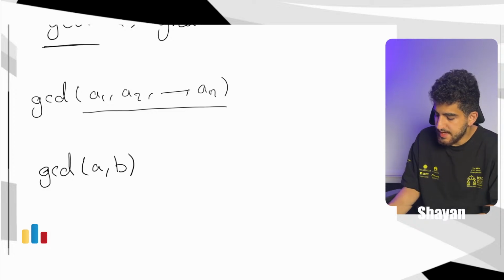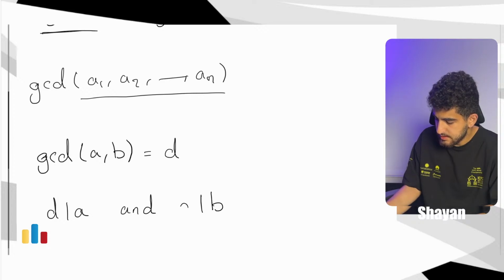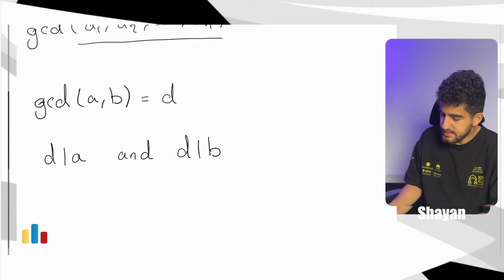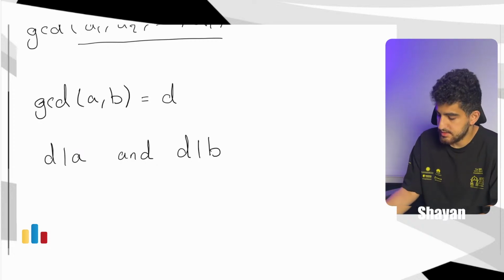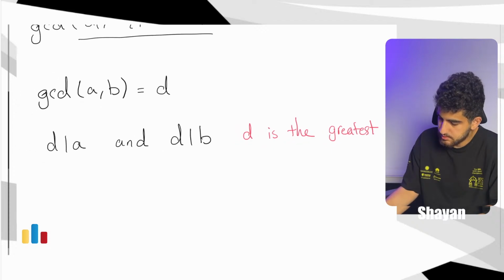So if GCD of A and B is equal to D, it means that A is divisible by D and B is divisible by D, and D is the greatest number with this property. D is the greatest possible such number.